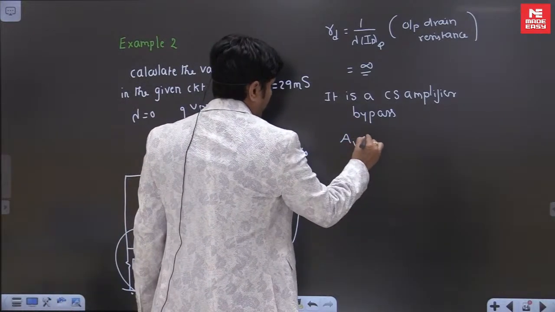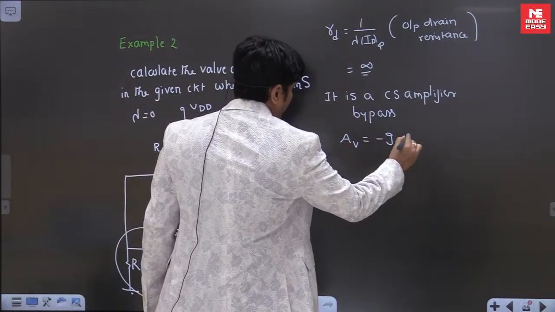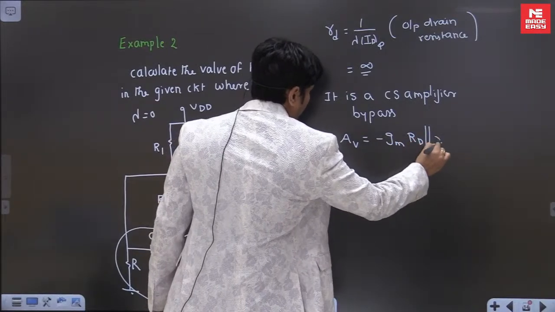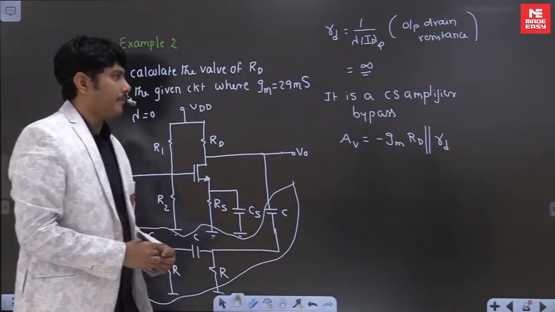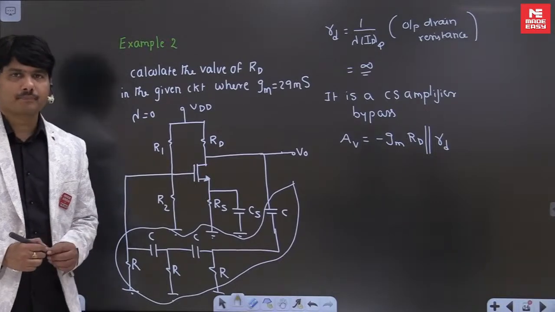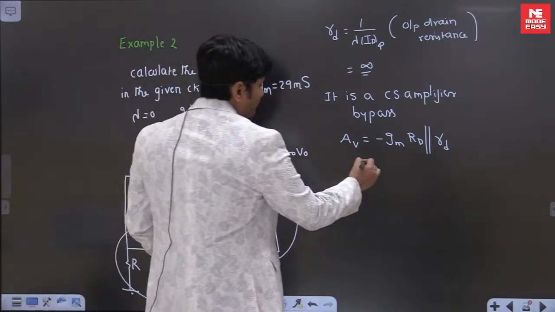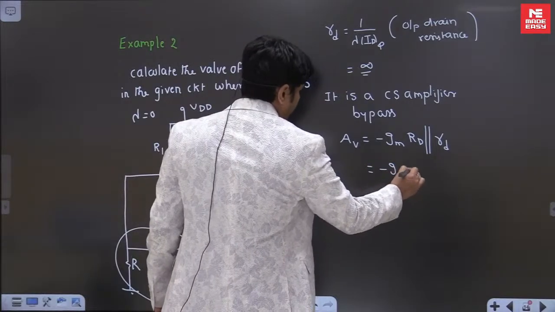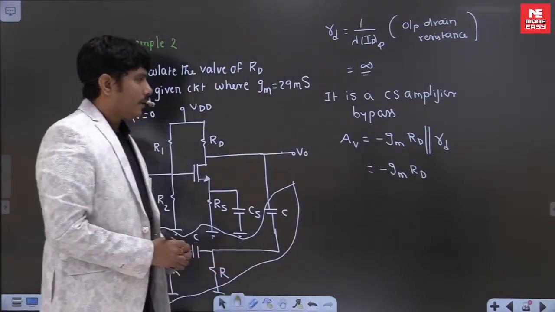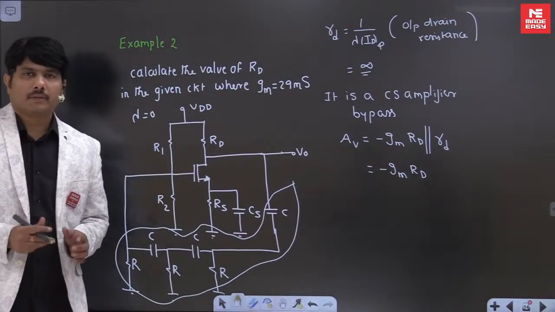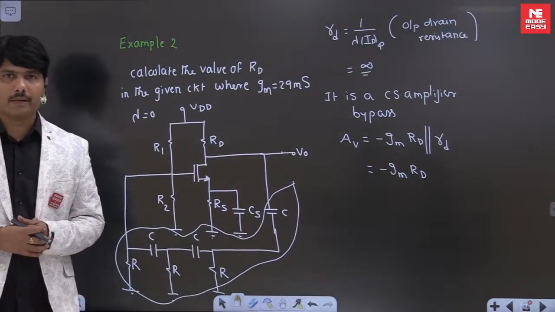The gain formula is minus gm times RD parallel to small rd. Actually, this is the standard formula for bypass systems. But rd became infinite, so the answer became minus gm times RD. The only knowledge a student should have is the gain for RC phase shift, which you have to recollect.